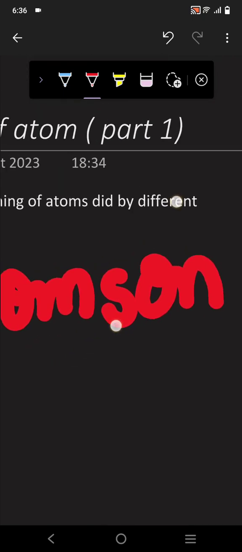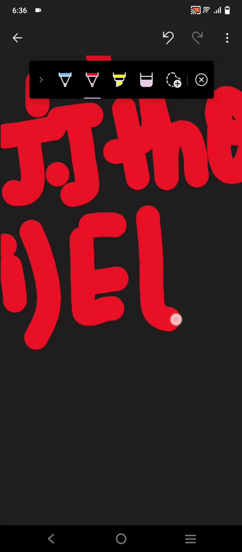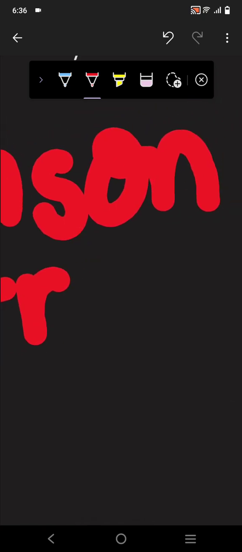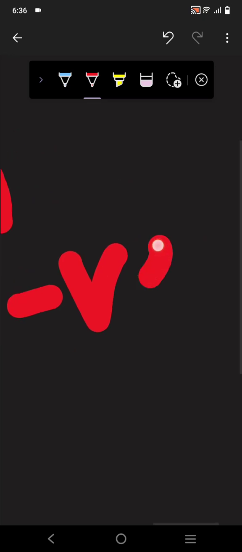What he did, he just gave the theory, nothing else. He gave the theory, and what was his first point? His first point was about the electron, that the electron possesses a negative charge. It was just a theory, it was not experimented.